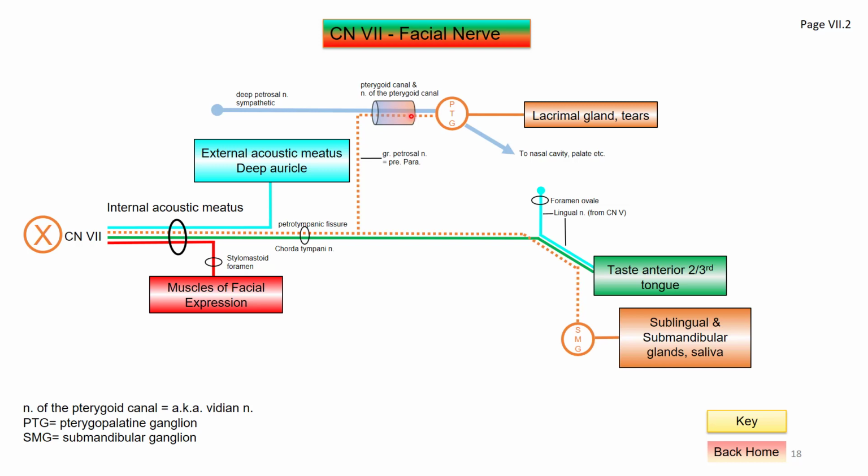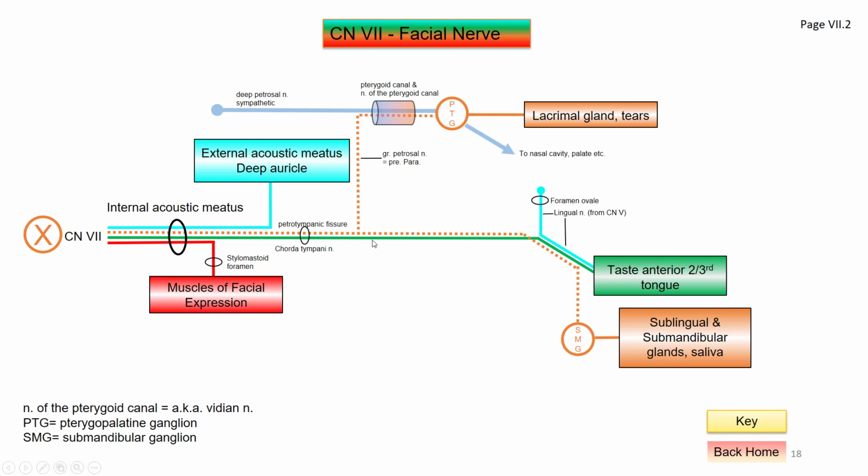The greater petrosal nerve will join the so-called deep petrosal nerve that has sympathetic fibers and form a new nerve called the nerve of the pterygoid canal, often also called the Vidian nerve, like video but Vidian. The parasympathetic fibers will synapse in a ganglion called the pterygopalatine ganglion. Then these fibers can go to the lacrimal gland to make tears.